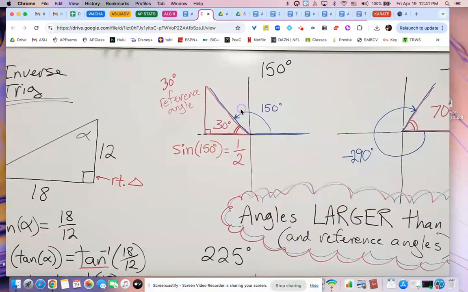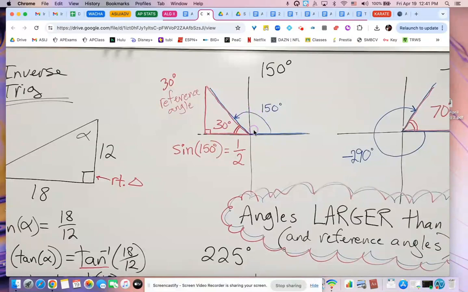If I go to 150 degrees, what you have to do is imagine that even though this hypotenuse has rotated 150 degrees around a circle, the triangle is going to contain what we call a reference angle of 30 degrees. Why? Well, because there's 180 degrees in a straight line, right? We should have learned that from geometry.